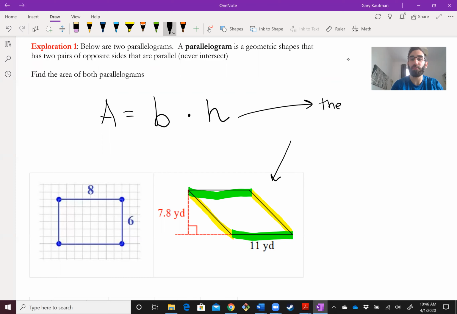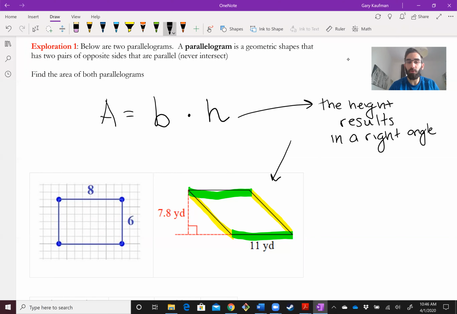The height results in a right angle. So notice, even if I knew that, say, this yellow line was 8, I wouldn't be using that. I'm using the 7.8, which represents the height, the straight down. You don't measure diagonally, you measure straight down.